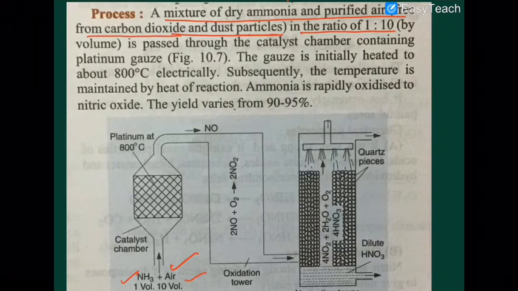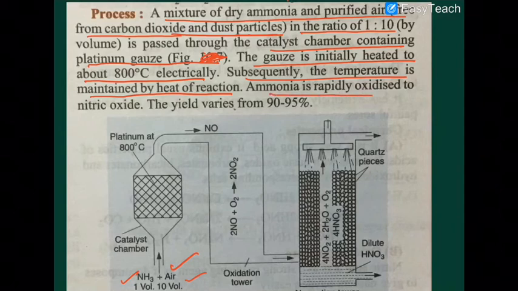For that, it is first passed through the Cottrell precipitator and then through the catalytic chamber containing platinum gauze, as shown in the figure. The gauze is initially heated to above 800 degrees Celsius by electric supply. Subsequently, the temperature is maintained by the heat of the reaction.